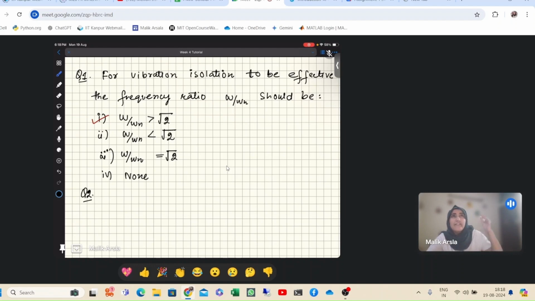And at higher values of r also, I think that transmissibility is again below 1, right? At much higher values of r. So, ma'am, there is a particular range in which we have to operate our system. I'm not remembering the name. Maybe I have written it somewhere.